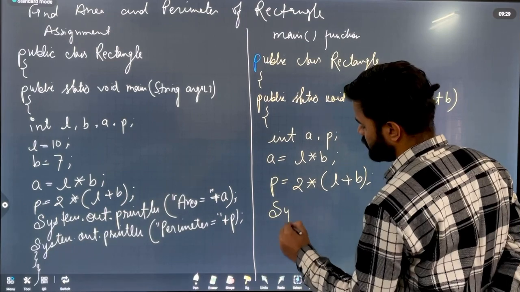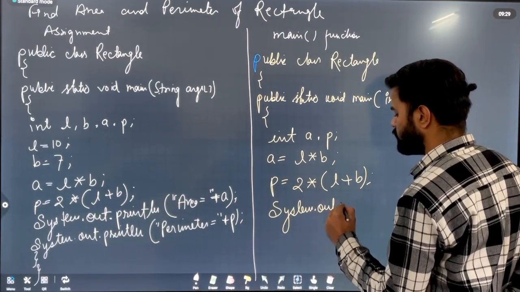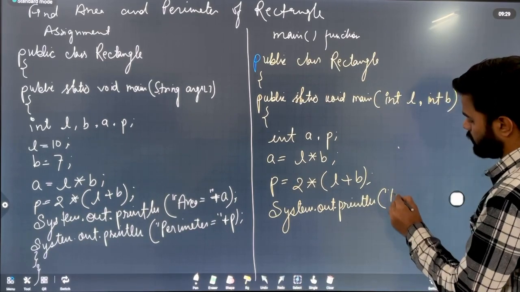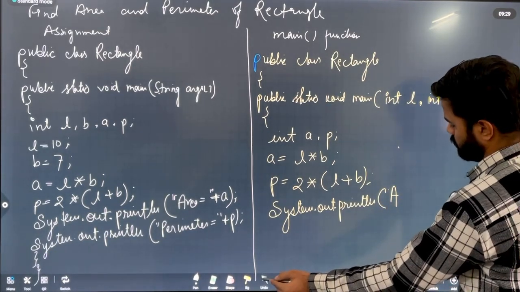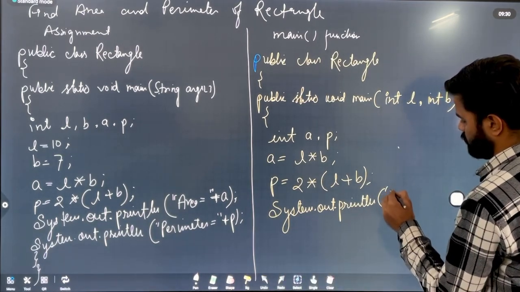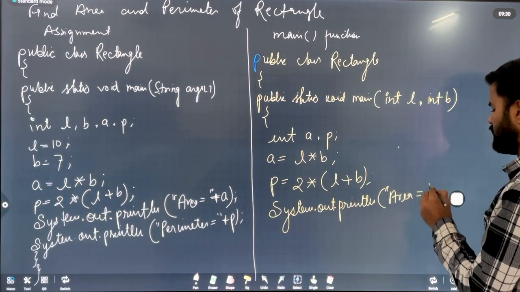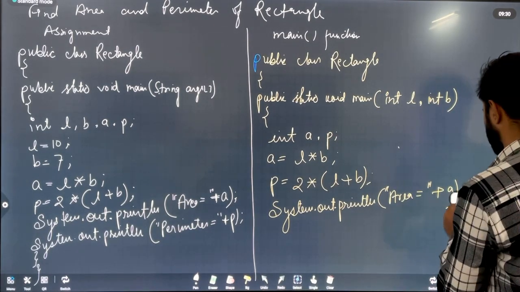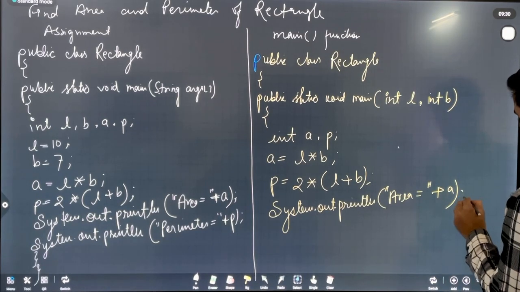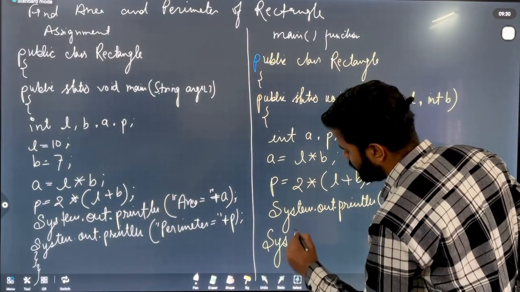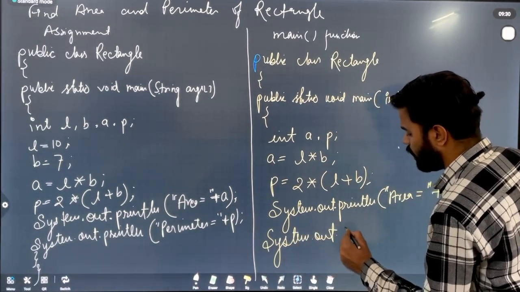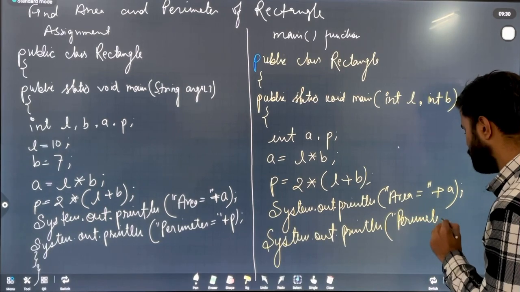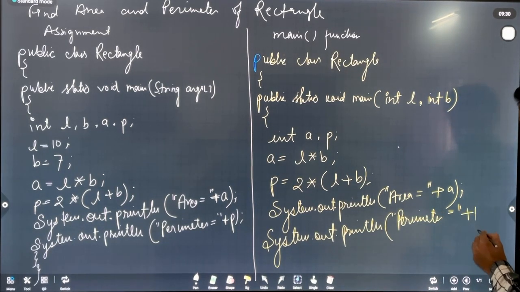After this we will print simply System.out.println "Area is equal to" plus A, and for perimeter again we will write System.out.println "Perimeter is equal to" plus P.